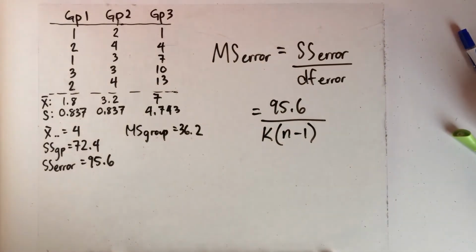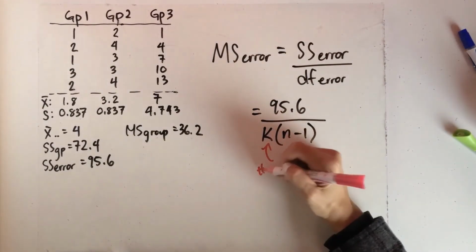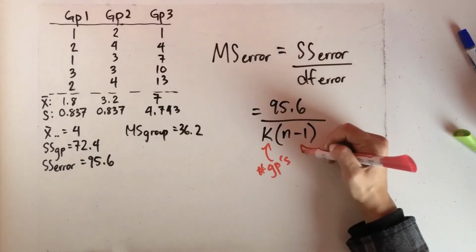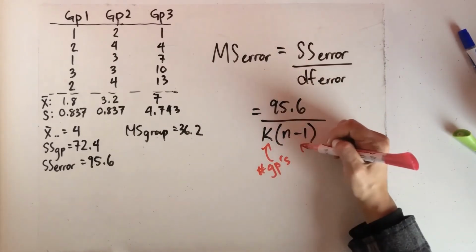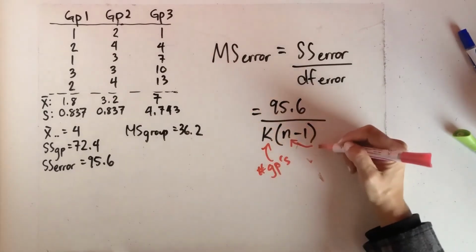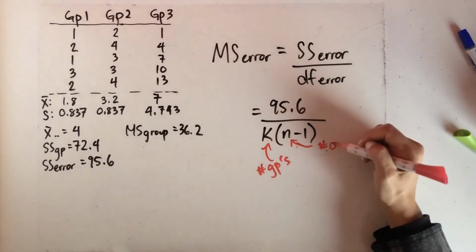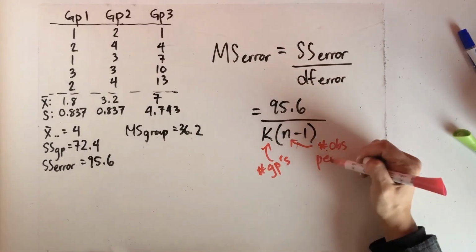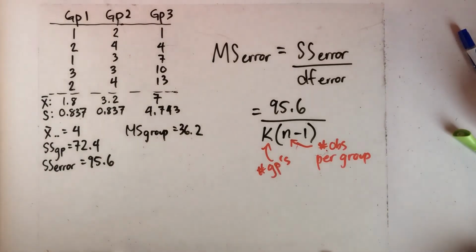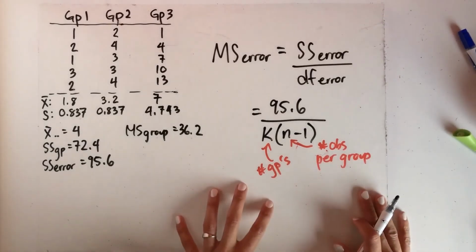This k is the number of groups, and then this n over here is the number of observations per group. So I've just kind of explained what the letters in the formula mean, but I haven't really explained what the idea is here.